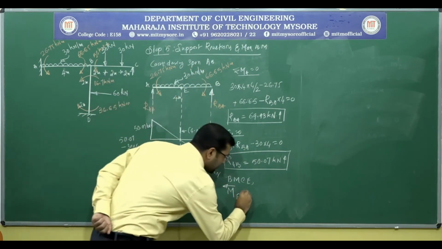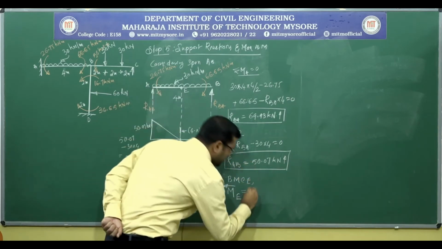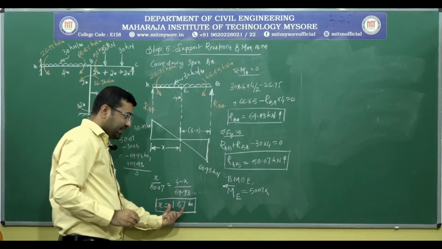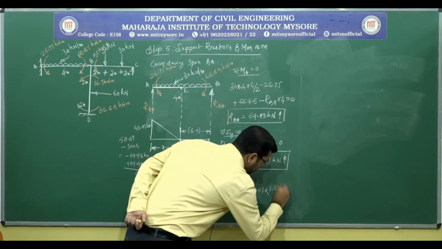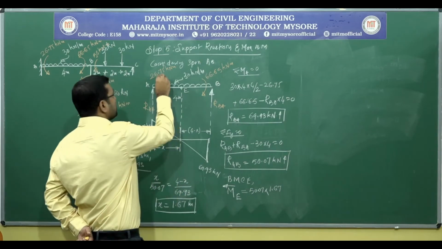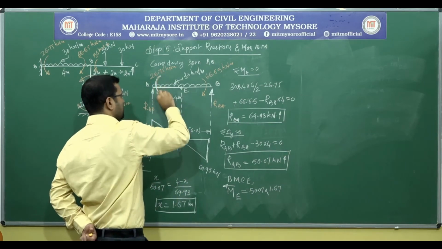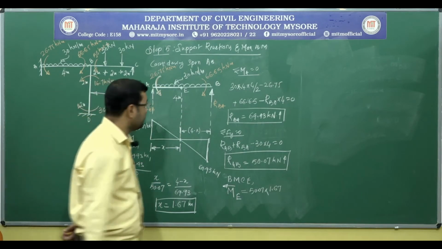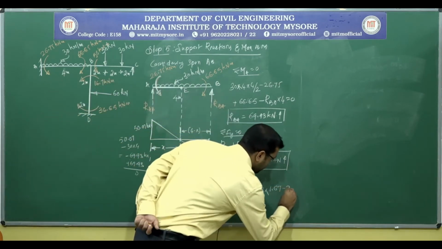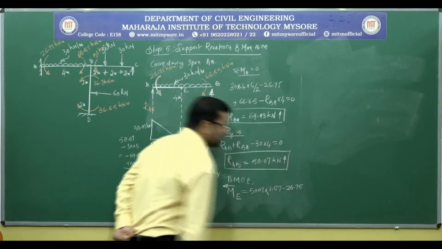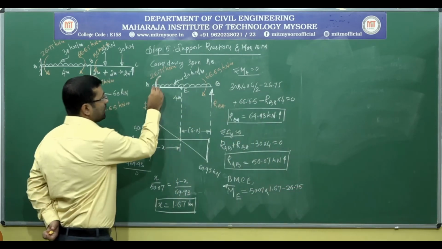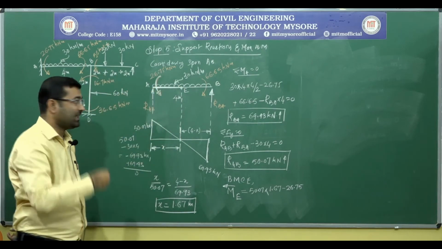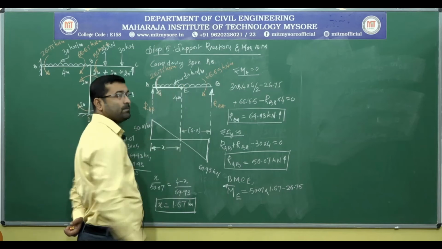So it is RAB is 50.07 into its perpendicular distance is x is 1.67, minus on the left side we have this anticlockwise moment. So as it is an anticlockwise moment, straight away it is minus 26.75.